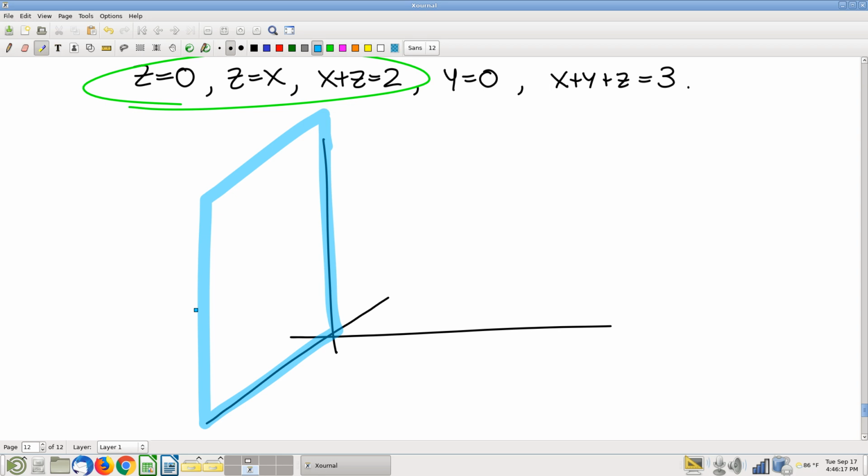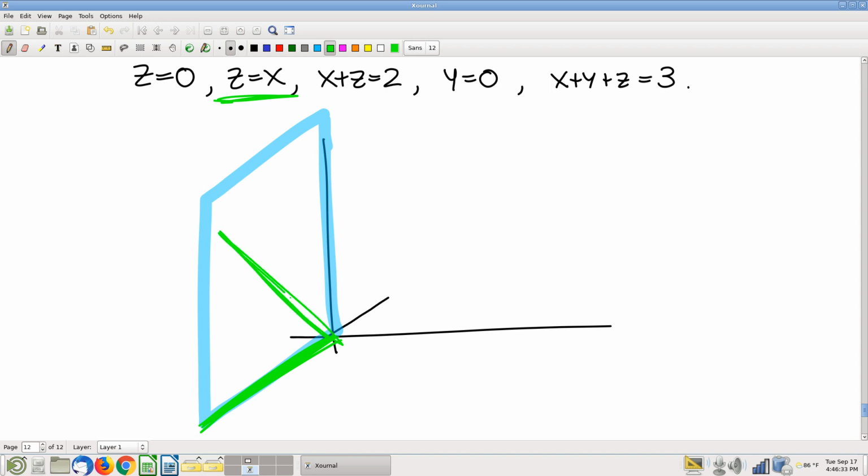And inside of this xz plane, it's pretty easy to see what these equations are. Let's just take these one at a time. Z equals 0. Boom, here you go, no problem. It's that line. Let's see here, z equals x. Okay, no problem. It's a line kind of like that. Right, and then finally x plus z equals 2. Well, no big deal.